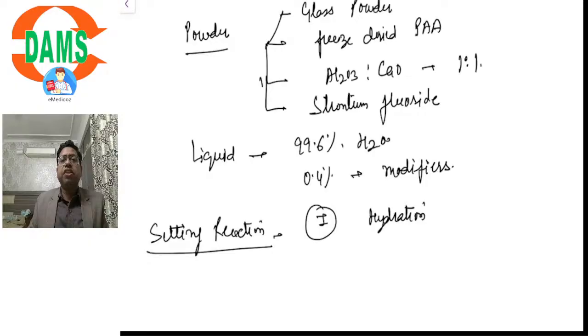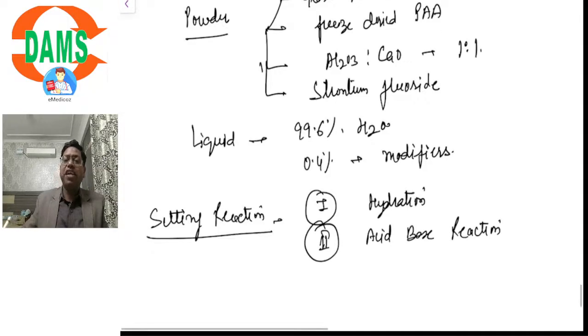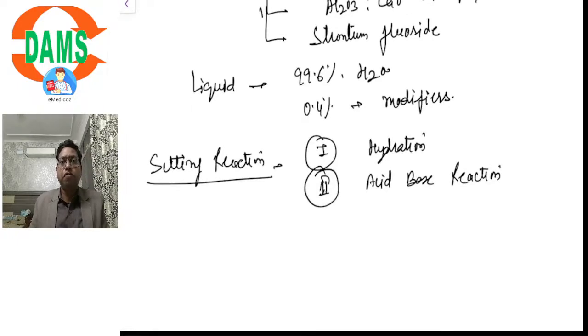This hydration reaction dissolves the freeze-dried polyacrylic acid, and it ionizes and ensues the conventional acid-base reaction. So first is wetting of powder particles with water that leads to ionization of freeze-dried polyacrylic acid and results in the acid-base reaction of conventional GIC. So these are the two sets of reactions which happen.